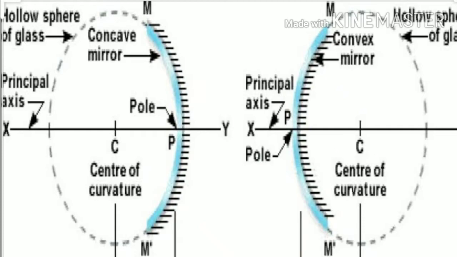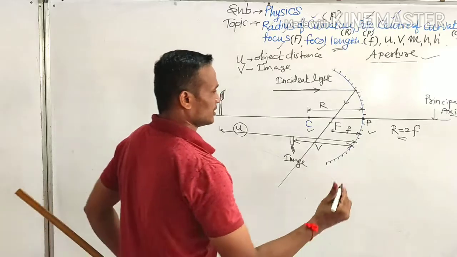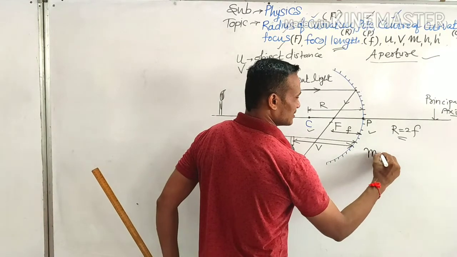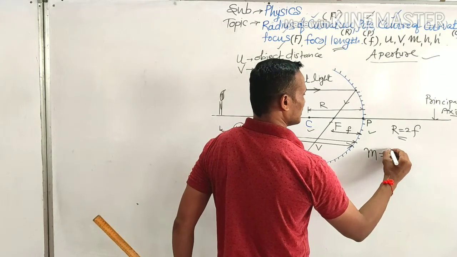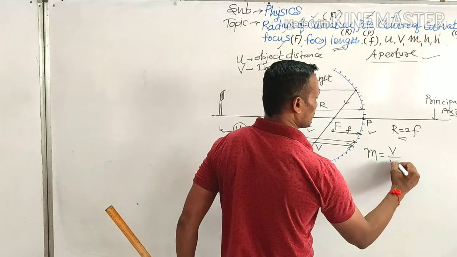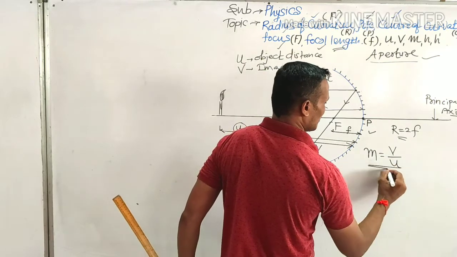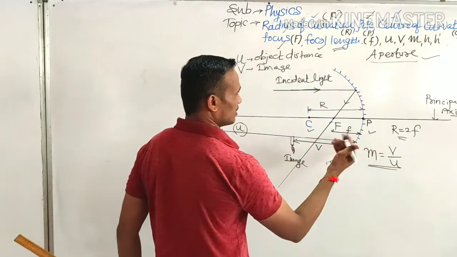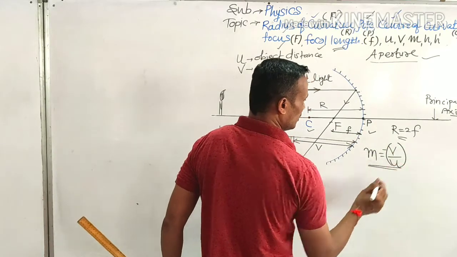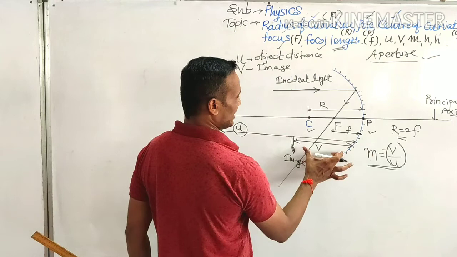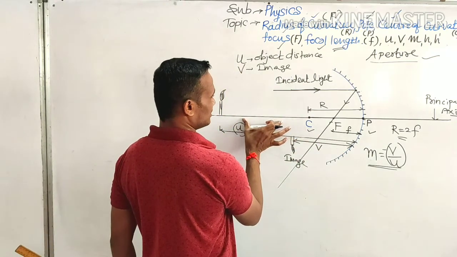magnification. So magnification is a value or the number which tells us this is called as object. This is nothing but image distance upon object distance, right? Depends upon the mirror. If it is a mirror, then formula is minus v upon u. So it is a ratio of image distance upon object distance.